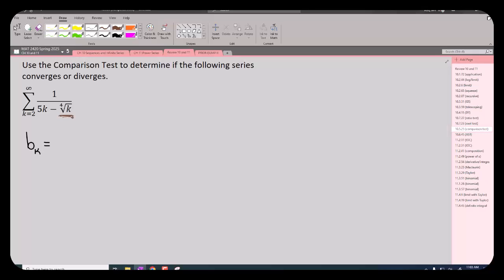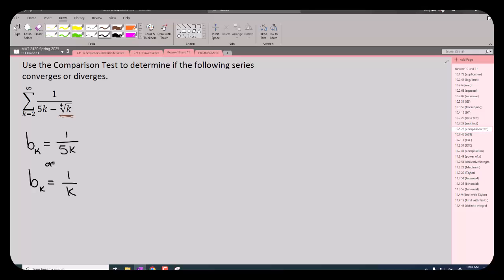And so then we can choose our b sub k. The two choices are to just take it as is, or you could even say, oh, well, that 5 is insignificant as well. Multiplying the denominator by 5 isn't going to change convergence or divergence. So you could choose either of those. What we have seen is that sometimes this one is more advantageous because when you set up the inequality for a comparison test, it's nice to match that.